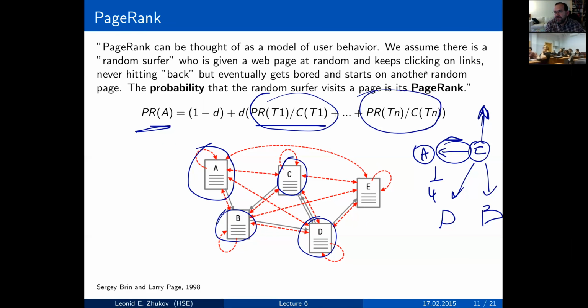But that's not all. That is the first part, and this part just tells us about the random walk. Now, there is a trick here, and the trick is about virtual transitions. And what it says is the following. If you're on any node, there is, and here they use D as a coefficient, a probability D that you follow the link, but there is 1 minus D probability to just randomly jump from any page to any page.